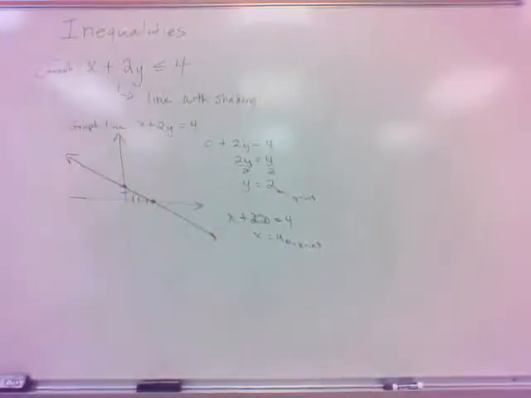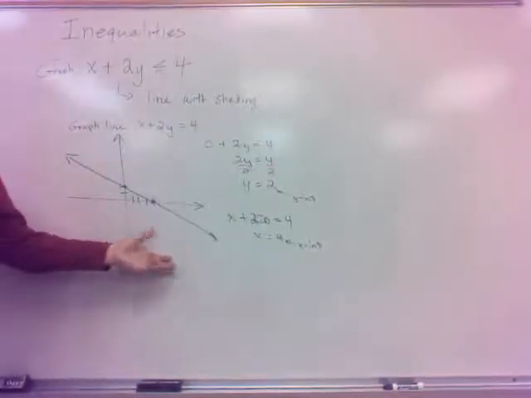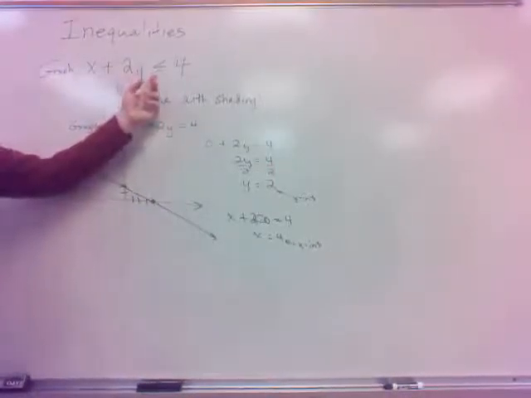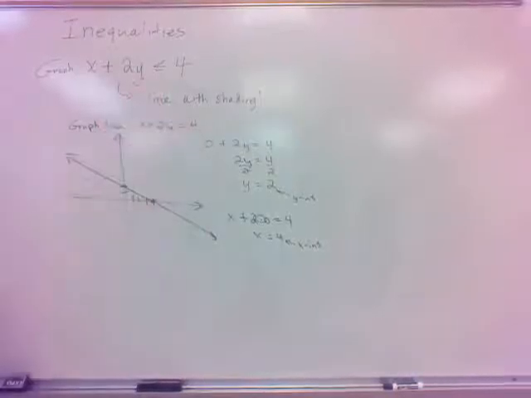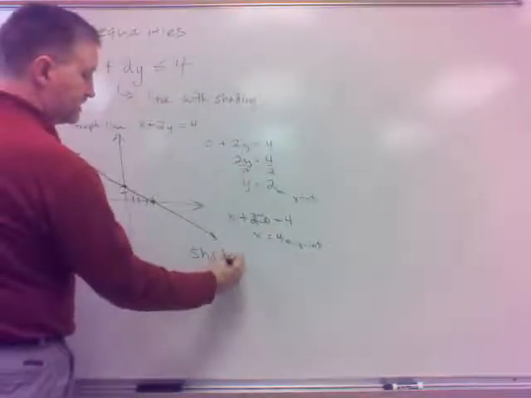Okay, so I do have the line as part of this graph because I got the equal to part. Because that's what the line is. It's x plus 2y equals 4. That's the line. All right, but the inequality then, like I said, comes in with the shading.